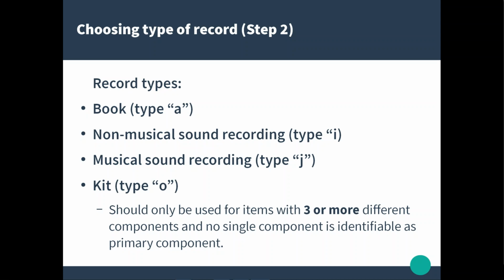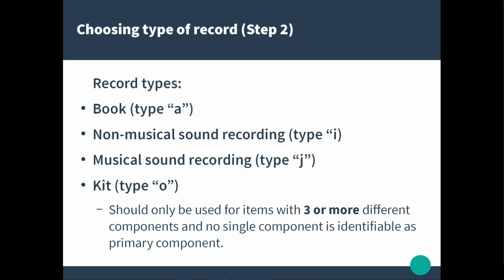It's easy if we make the determination that the book is the primary component, then we can go ahead and choose record type A. If we determine that the CD is the primary component, we still have to decide whether the sound recording is musical or non-musical, and that can actually be a little tricky. Again, we'll get to some examples and people can see how tricky that is. But the three primary record types that you'll have a choice between are the type A record, a type I record, and a type J record.